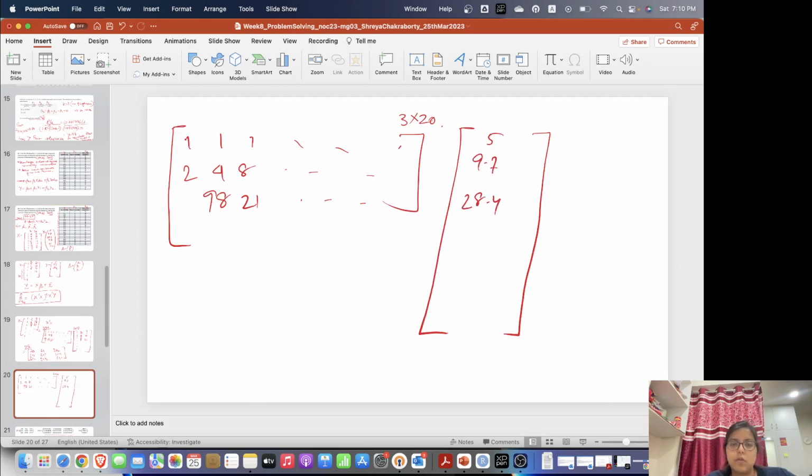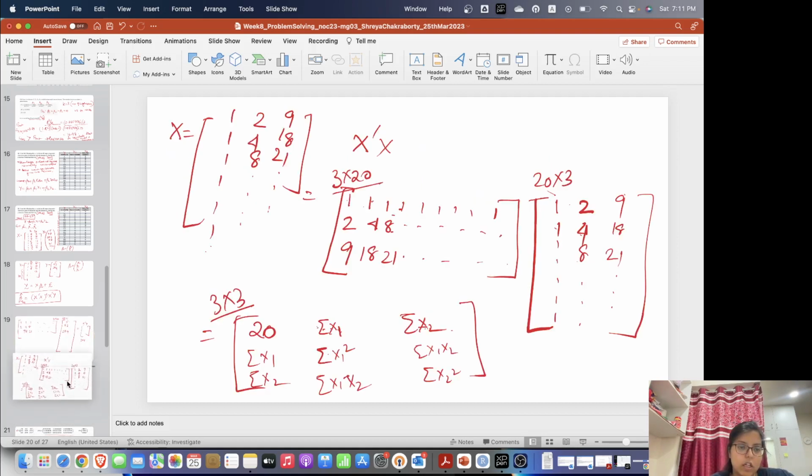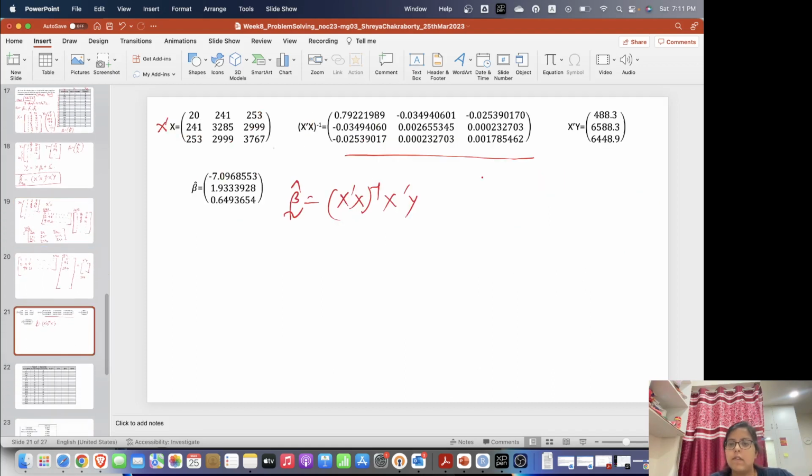So then what we are going to do, this one will be 1 into 5 plus 2 into 9.7 plus 1 into 37.4 and so on. We would have this x prime y matrix of order 3 cross 1, because we have 3 rows here, 20 columns, 20 rows, 1 column. So ultimately we would have a 3 cross 1 vector. So this is the 3 cross 1 vector that we have.